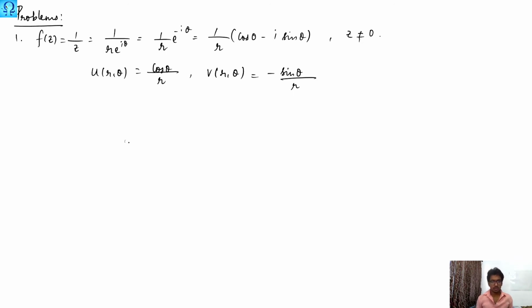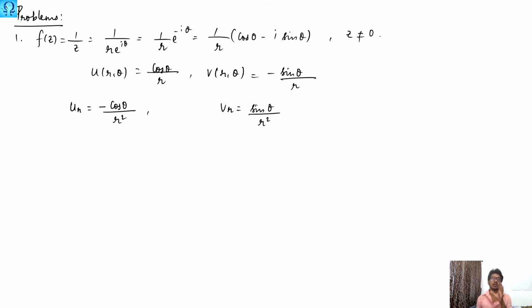Okay, so now let us check whether it satisfies CR equation or not. So u r is what? Minus cosine theta upon r squared. And here v r is sine theta upon r squared. Here cosine theta and sine theta are to be treated as constant. So when you differentiate 1 upon r, you get minus 1 upon r squared.